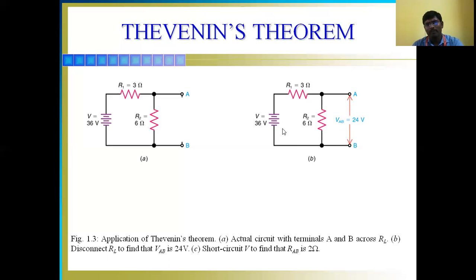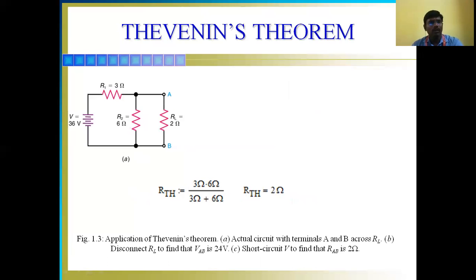So V6 is equal to the total voltage 36 times 6 by 3 plus 6. So VR2 is equal to 24 volts, and this is equal to VThevenin.